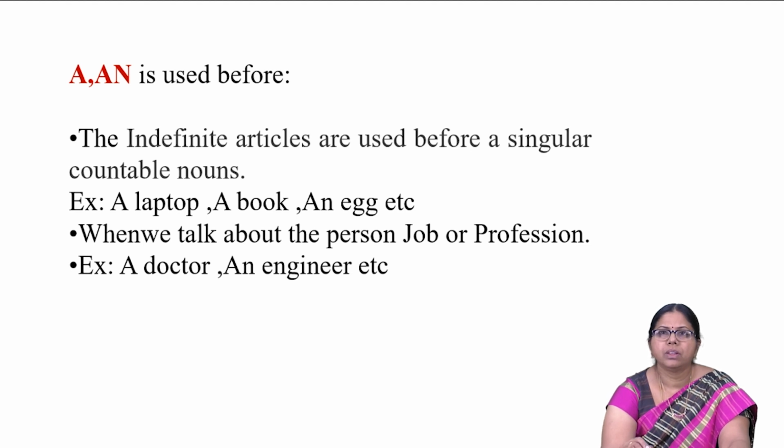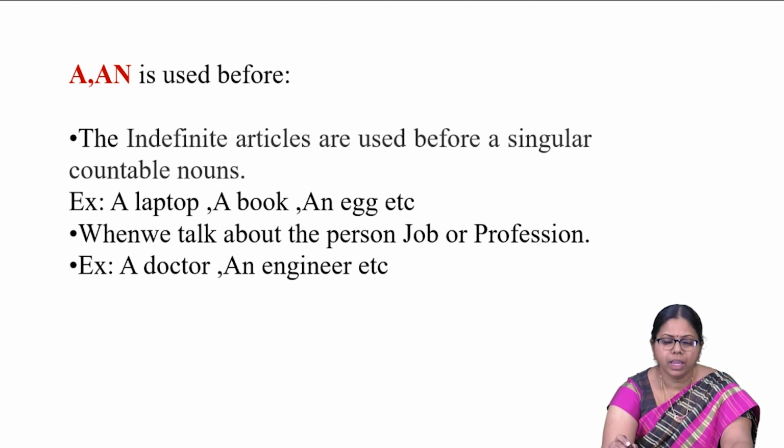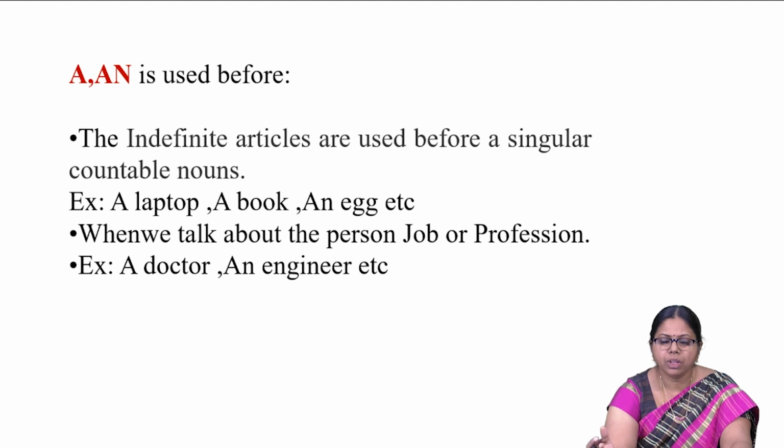So we use indefinite articles like a and an before singular countable nouns, like a laptop. We can count laptops, so it is a countable noun. A book, singular. A book, a laptop, an egg, etc. So we use indefinite articles before singular countable nouns.